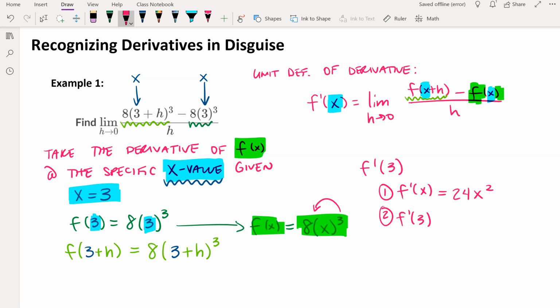F prime of 3 equals 24 times 3 squared, which equals, we are going to just write down this, but it is 216. That is the answer to this question. The derivative at x equals 3. That's what this limit is asking for. It's the derivative of f of x at x equals 3. Okay, I know that seems like a lot, but once you get more practice with it, you'll be able to recognize f of x, the function, and the x value that they plugged in a lot faster. So let's practice.